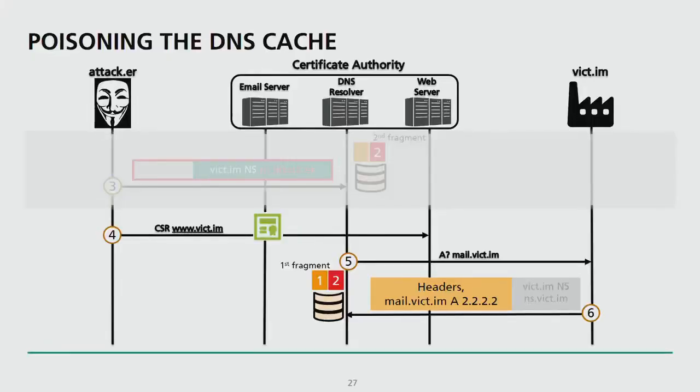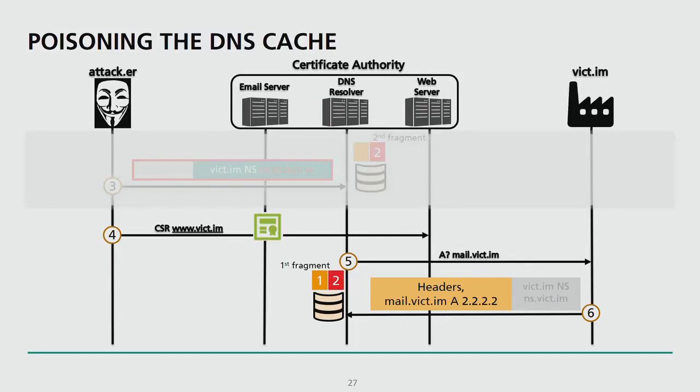Okay, now that we've poisoned the IP defragmentation cache of the DNS resolver, we can go on poisoning the DNS cache. We trigger that by simply issuing the certificate signing request to the web server of the certificate authority, which will then have its DNS resolver ask the true name server of the victim domain for the records of the mail server.